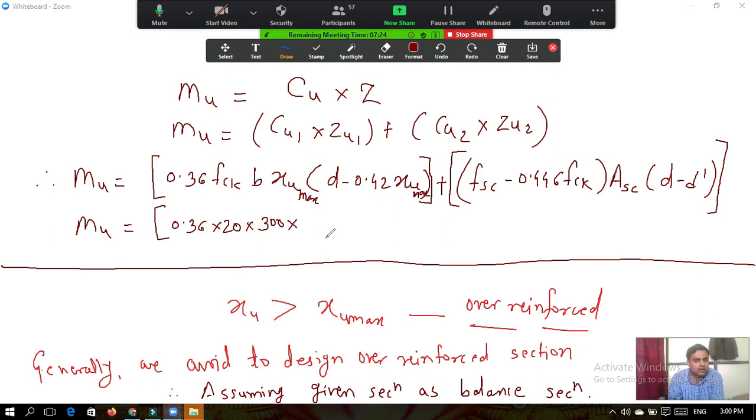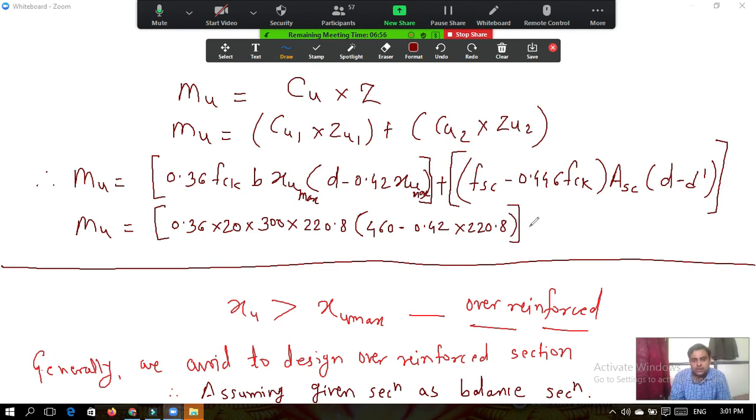What was the value of XU max? 220.8, into depth D. What was the depth? It is 460 minus 0.42 into 220.8.